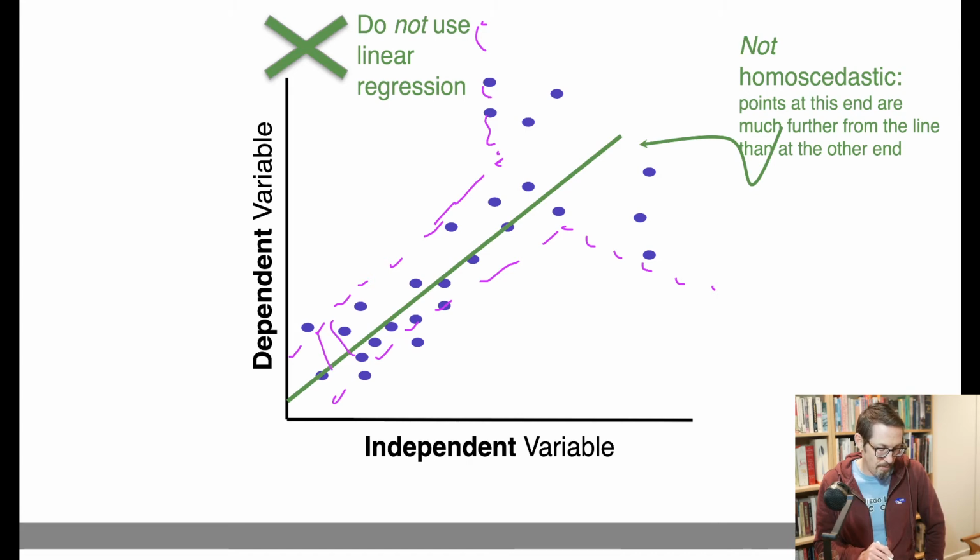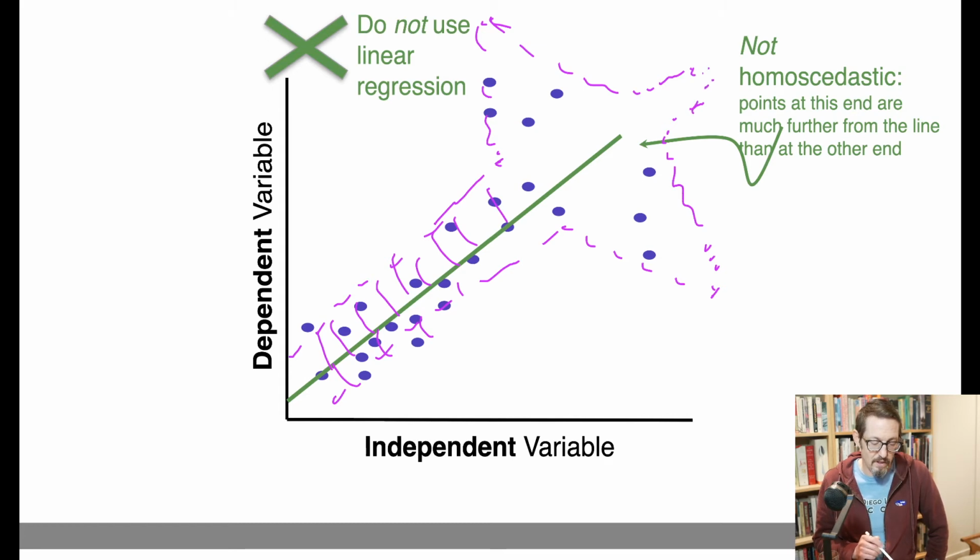So if at every point along the line the variability is roughly the same, then that is a homoscedastic distribution. If at some point on the line it blows up or it gets really narrow around the line, then that is not. Then we don't have that condition. If the variability changes from one end of x to the other end of x, then you break linear regression.